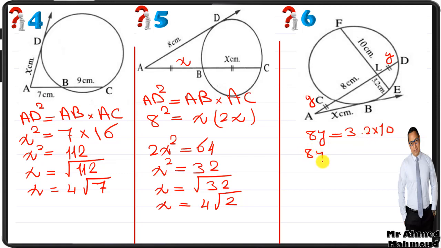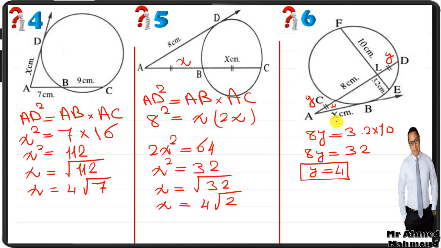So 8y equals 32. By sending 8 to the other side as a divisor, y equals 32 divided by 8, equals 4. This is the value of y. So LD equals 4 and AC also equals 4.